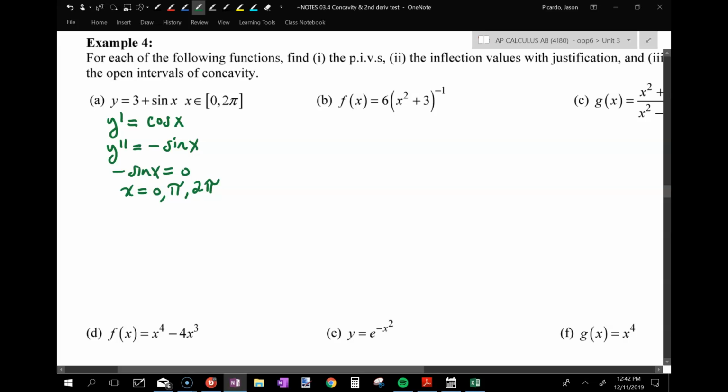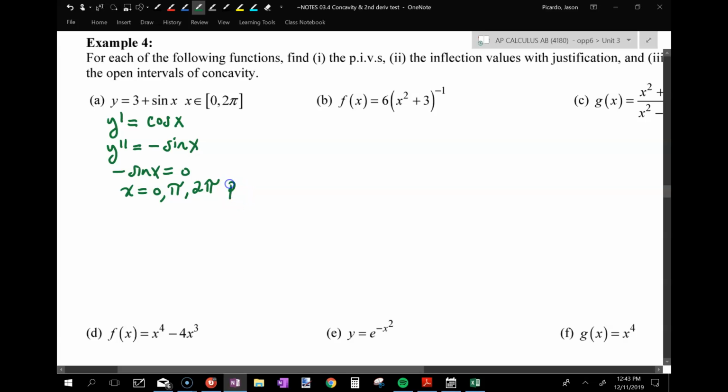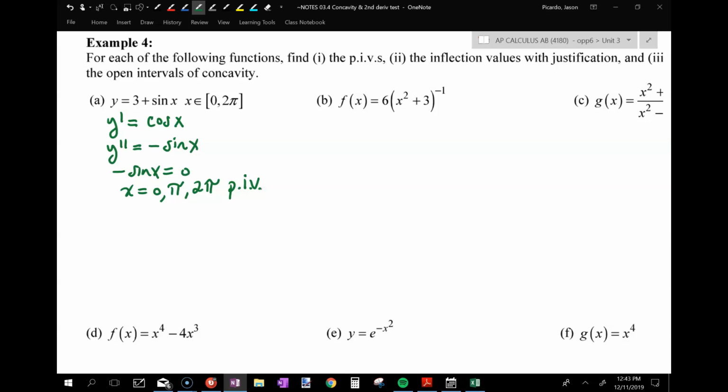Now, fortunately, they limited the domain, otherwise you would still be talking. These are my PIVs. So what am I going to do? Do a sign analysis, right?